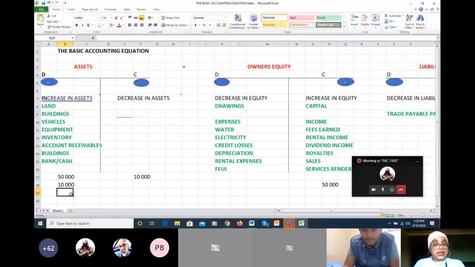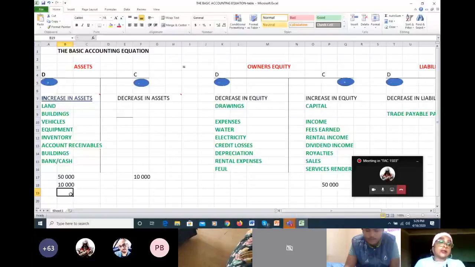Okay, so let's continue. Now I bought this oven and I need a dough mixer as well. So I decided to go to Game and I buy this dough mixer, or the cake mixer, and this cake mixer is 2,000 Rand. I'm not prepared to pay cash out of my pocket anymore.